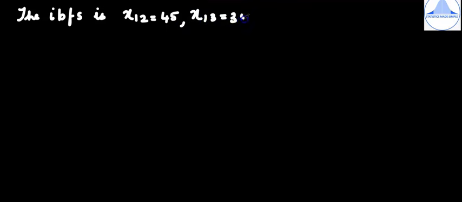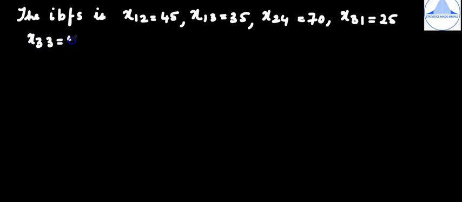So we write the initial basic feasible solution: x12 is equal to 45, x13 is equal to 35, x24 is equal to 70, x31 is equal to 25, x33 is equal to 5 and x34 is equal to 20.